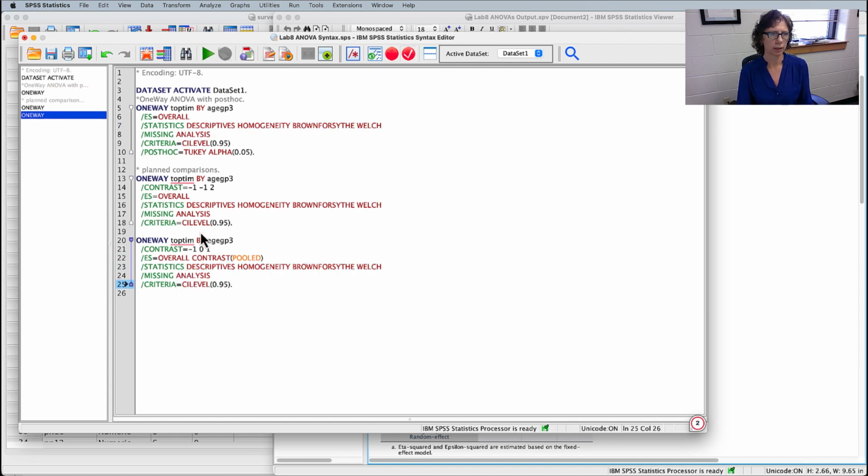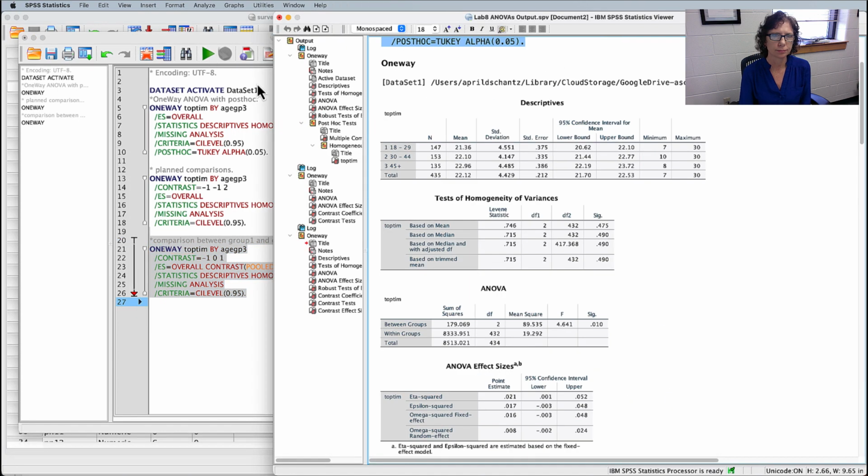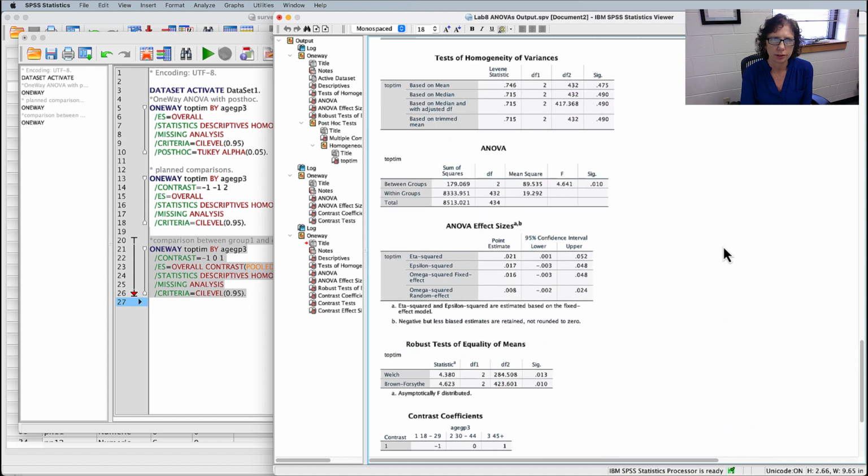So cool. And I'm going to put a little note to myself that this is the comparison of group 1 and group 3. Okay, so now we have a bunch of stuff.